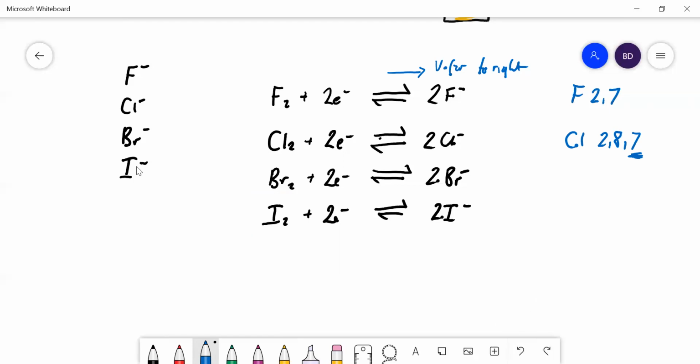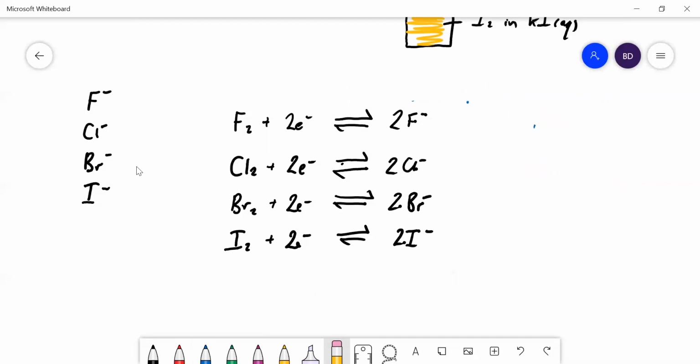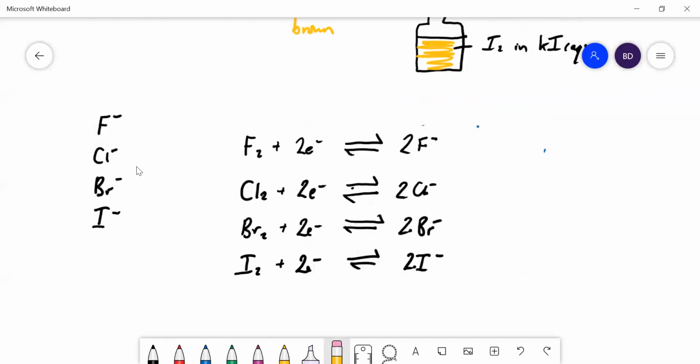Right, now we need to think about oxidation and reduction a lot when we're talking about the halogens. These species, the halogens, are all potential oxidizing agents. Why are they potential oxidizing agents? Because they've all got a tendency to become reduced themselves by accepting electrons.